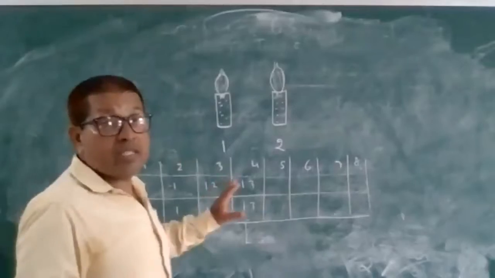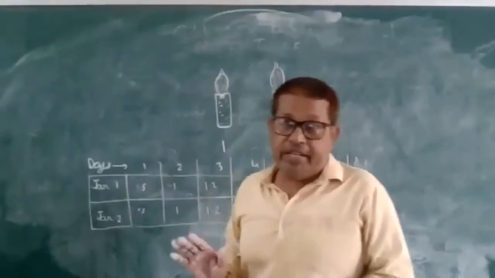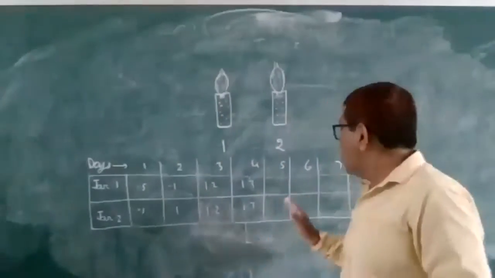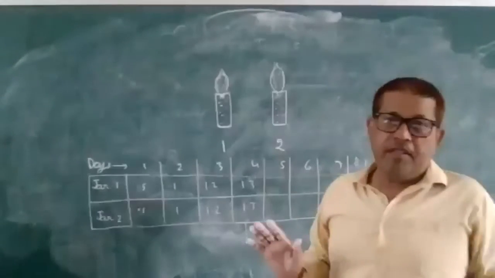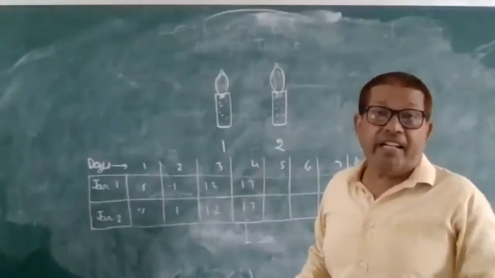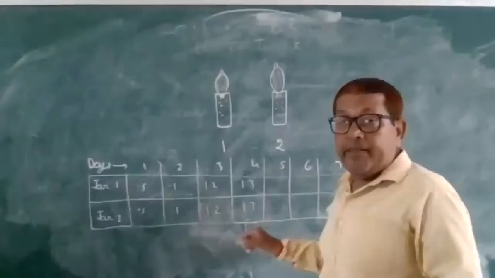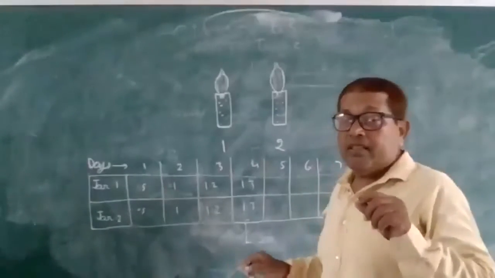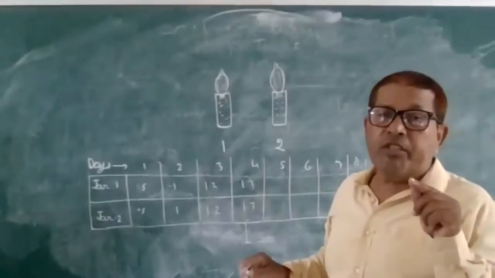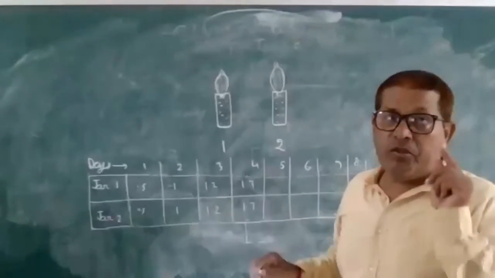Suppose during revision you are finding this reading, and after fifth day you find the length of the root will increase continuously, and after fifth day you just cut the tip of the root, not the entire root, but the tip of the root.